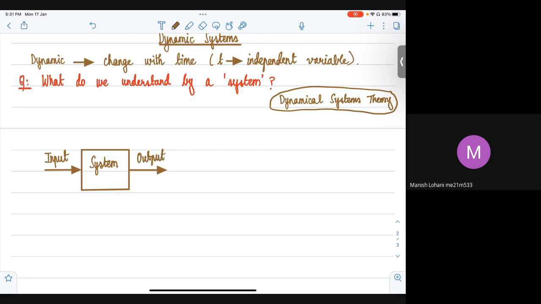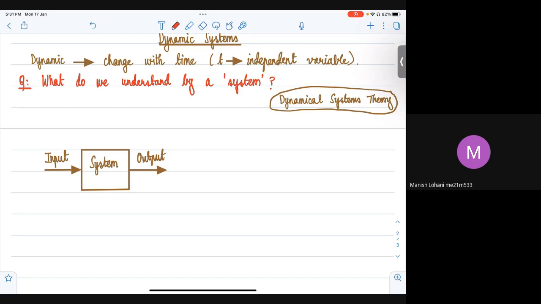For example, I'm sure we can think of various examples. Let us say we take a car. Let's say I press the throttle. In response to that, my car is going to accelerate and go to some speed. So I can say the throttle displacement is my input, and the speed of the car is the output.